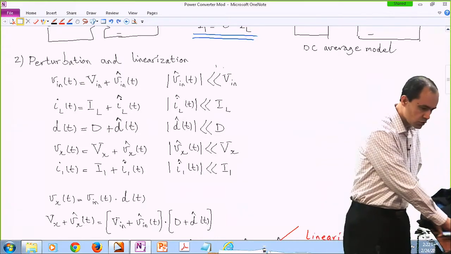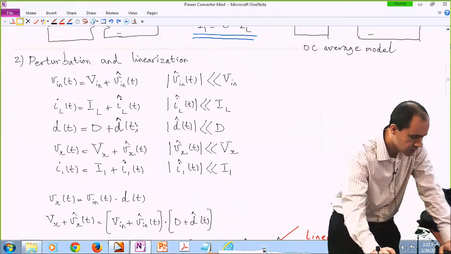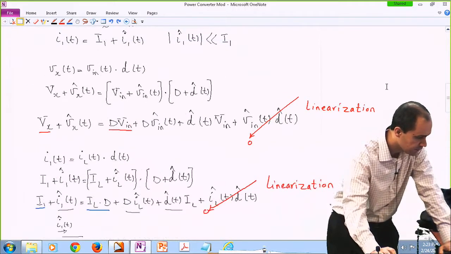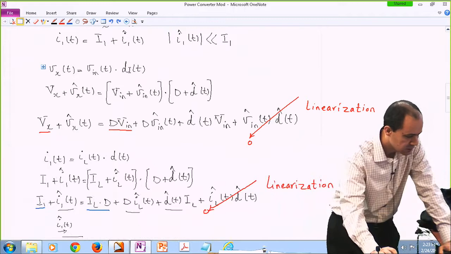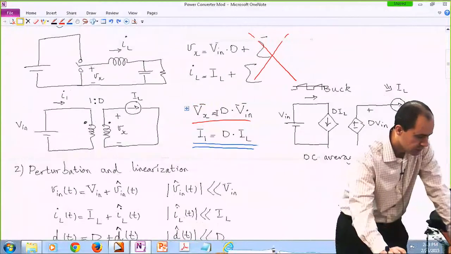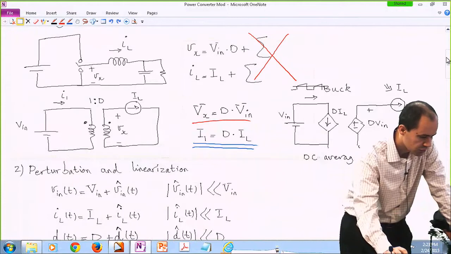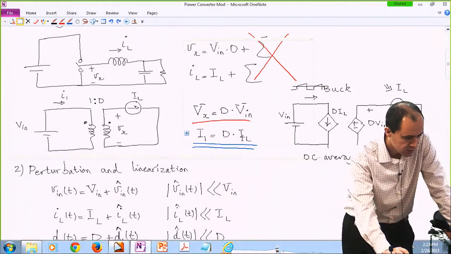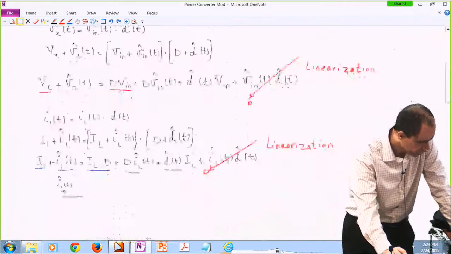All right. So once I write the top two equations that I had, one of them was Vx is Vin times d, which is basically this equation over here in a more generalized way. And the other equation is the input current is duty cycle times the inductor current, or the pole current.